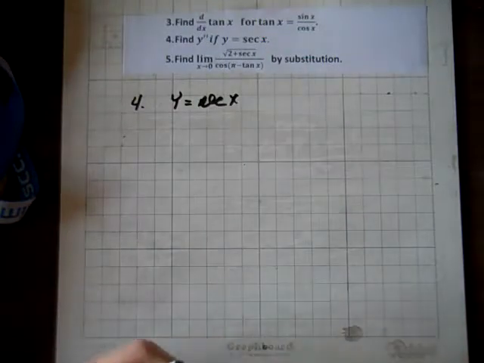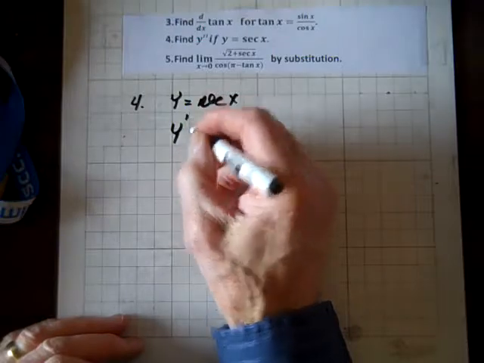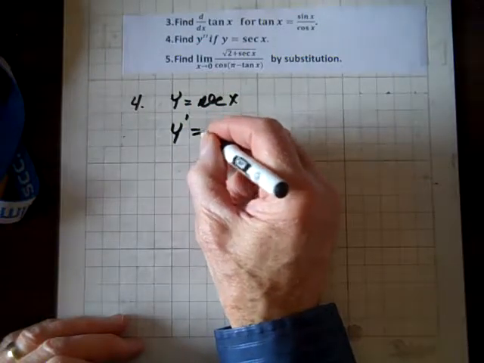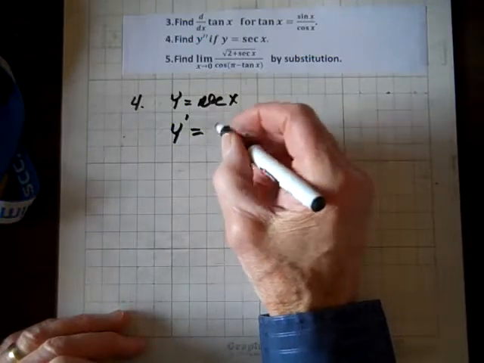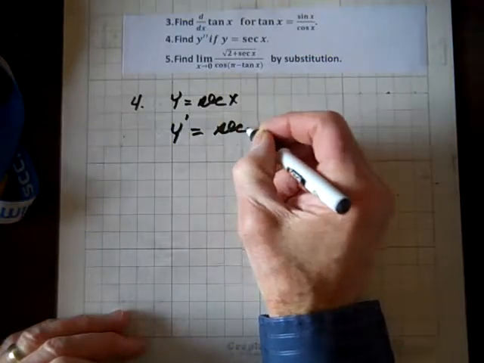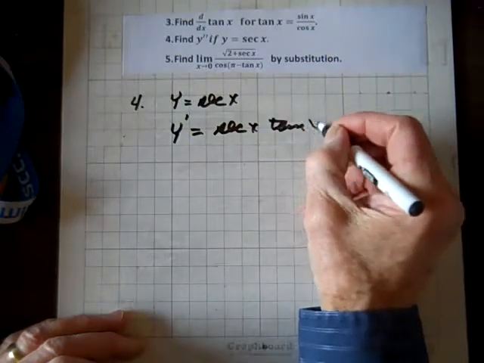Well, now we're going to do number 4, and we're going to find the second derivative of the secant of x. Well, we better find the first derivative initially, and so we know from our table that the derivative of secant of x is secant x tan x, that product.